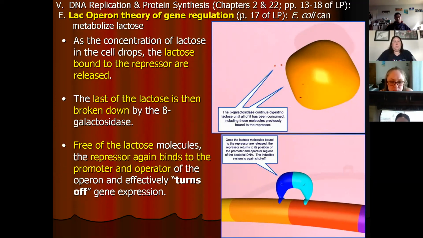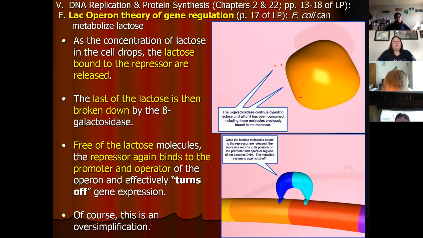Now the repressor protein gets back to its original shape, which has a high affinity for the operator gene, and it sits back down on the DNA and it blocks it and it turns it off. So the only time this E. coli expended ATP to make this protein is when there was lactose, because an E. coli does not want to waste ATP making a protein it doesn't need. The big picture.